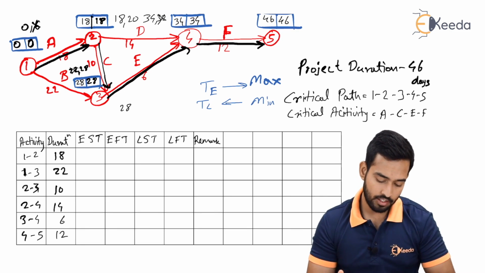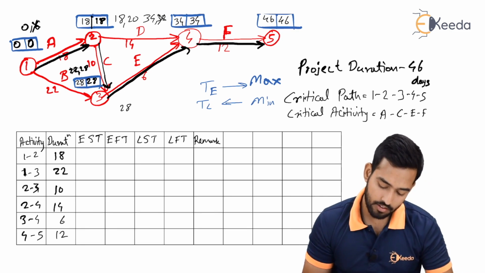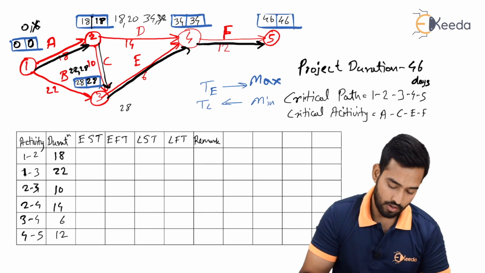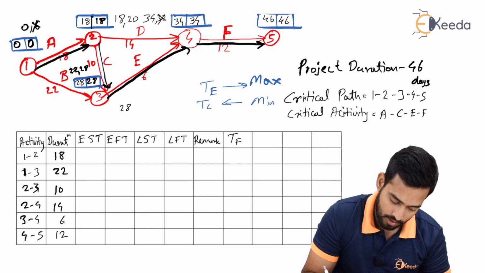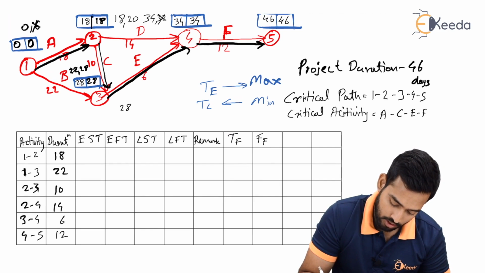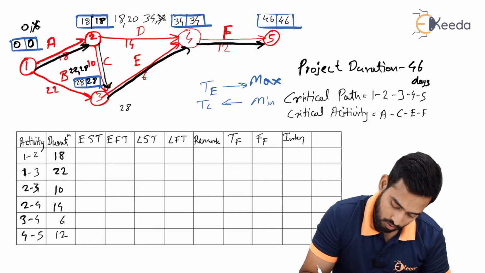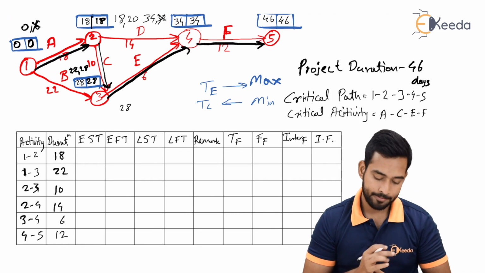Now we have to calculate these to get the floats. We have to calculate 4 floats also, that is total float, free float, independent float and interfering float. We will find the interfering float, and last we will find the independent float.